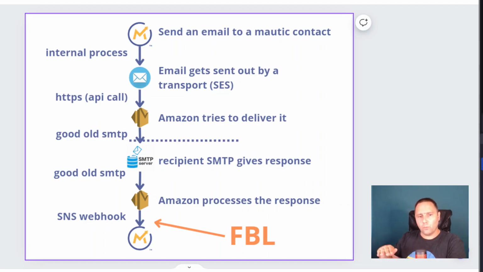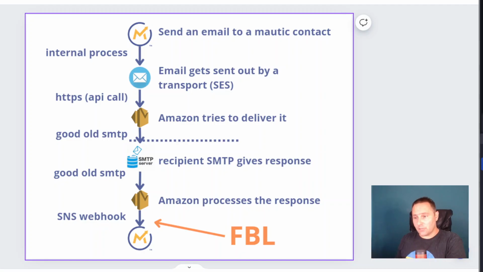So Amazon will receive it and they will try to deliver it. And from this moment on, it will be just good old SMTP. So the email goes out on the open internet. The recipient's SMTP server gives some kind of response. For example, thank you, I will deliver it, or I don't know who this user is.